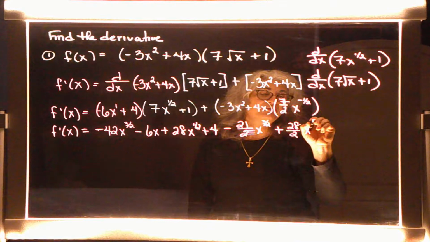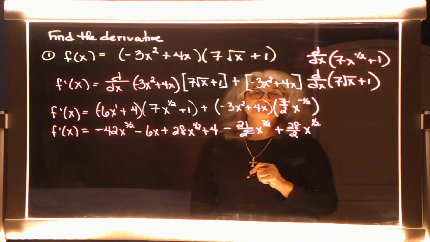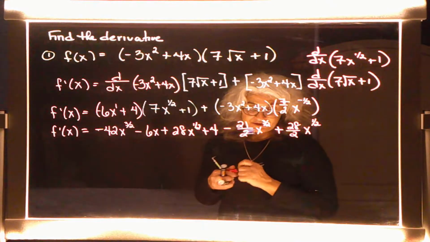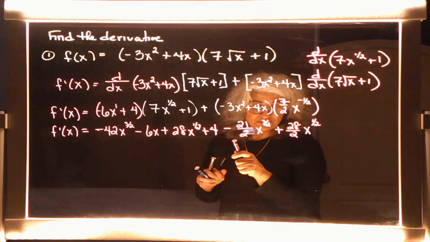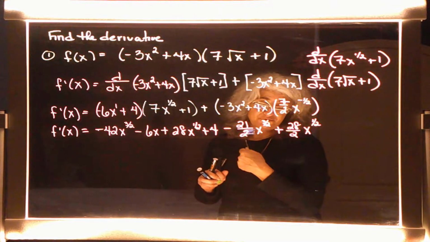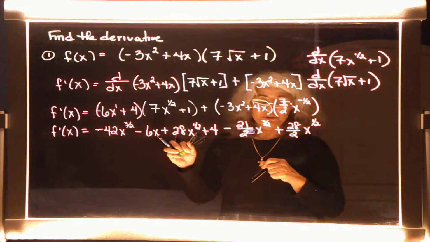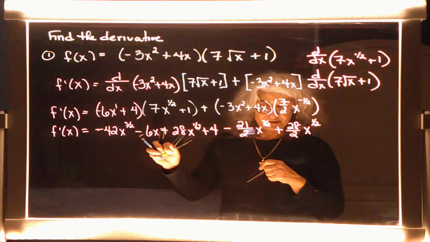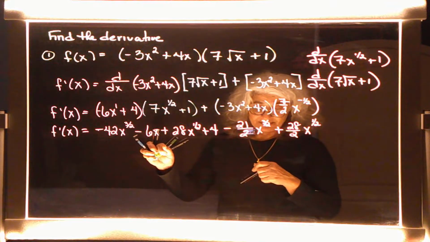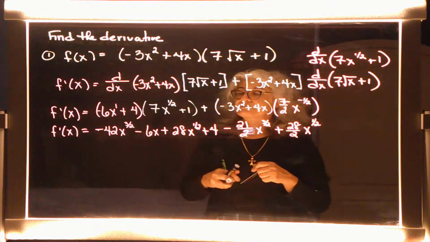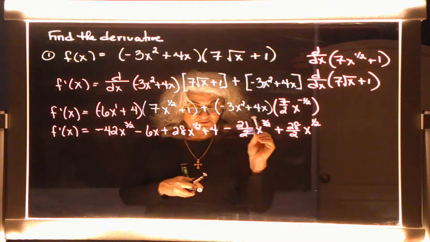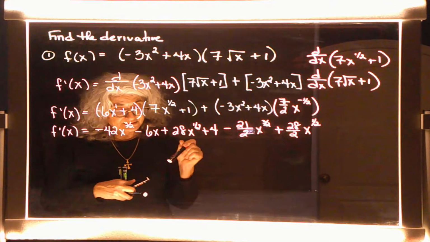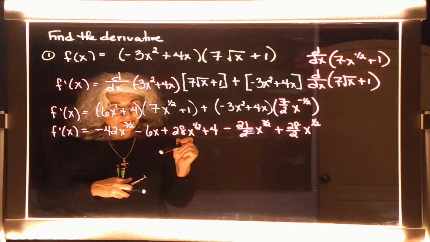X to the 1/2 power, right? Okay. And just checking some work, making sure that what I did before is agreeing with what we're doing now. Okay. So, yes, we're good. Let's keep on going.